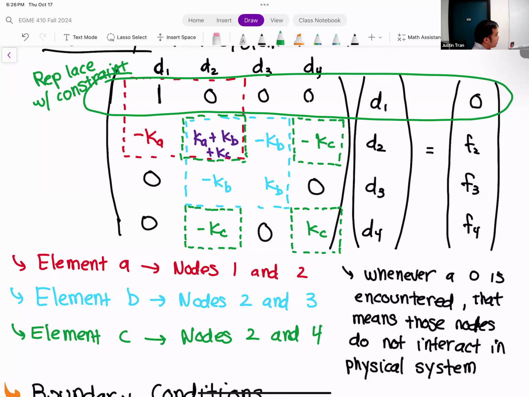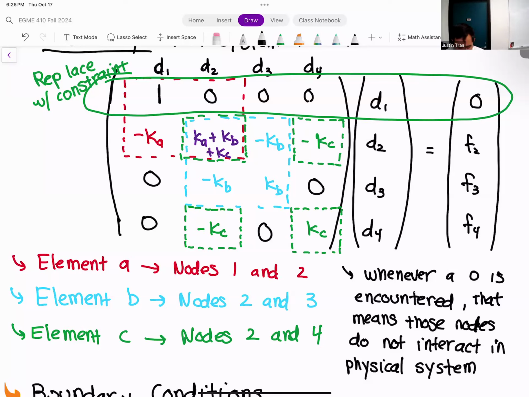One thing I should mention here that I forgot to mention earlier. You notice here that we replaced this entire row with 1 in the diagonal term and then zeros everywhere else. Now we've only seen examples where the constraint is applied on the first node, right? And so when the constraint is applied on the first node, then you put a 1 in the top left entry, zeros everywhere else.